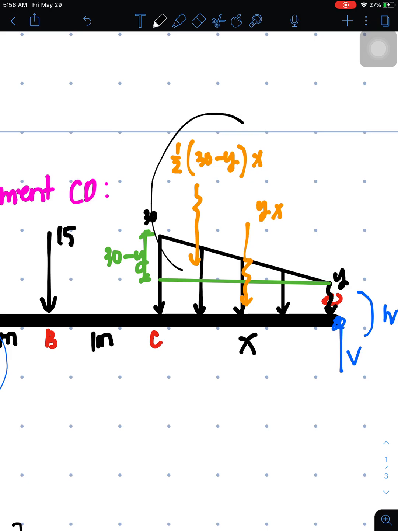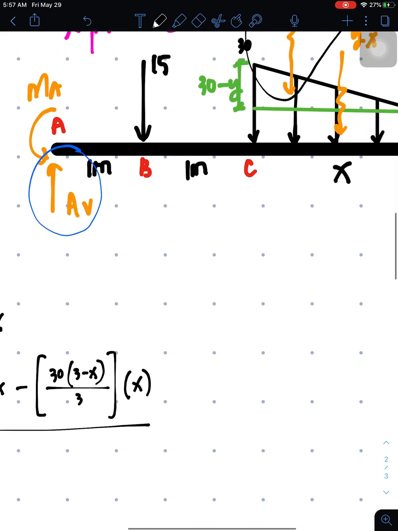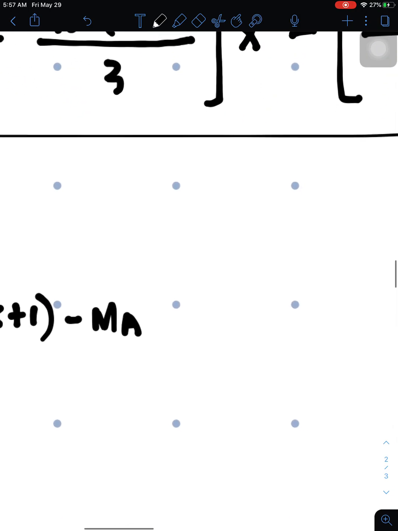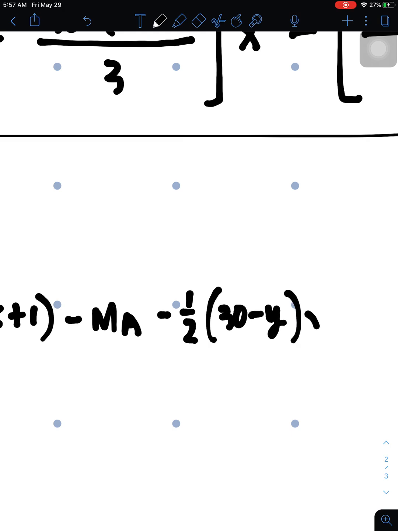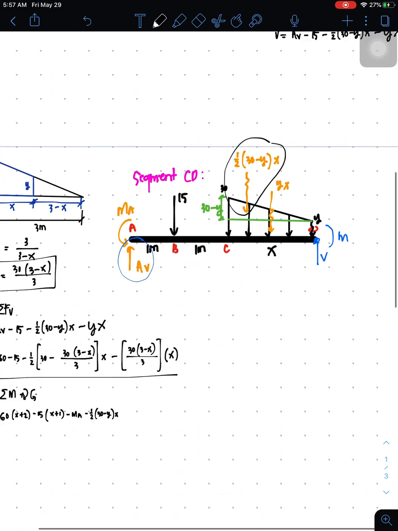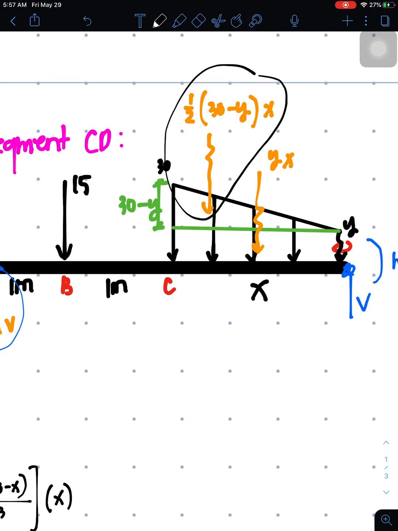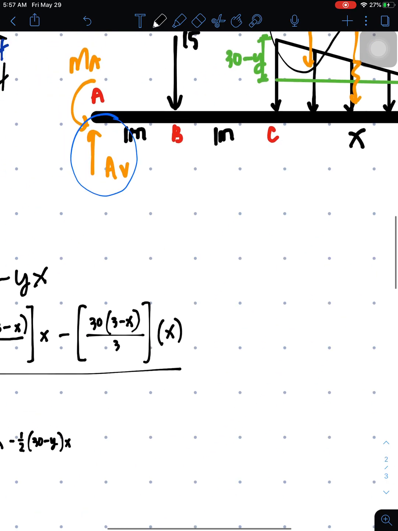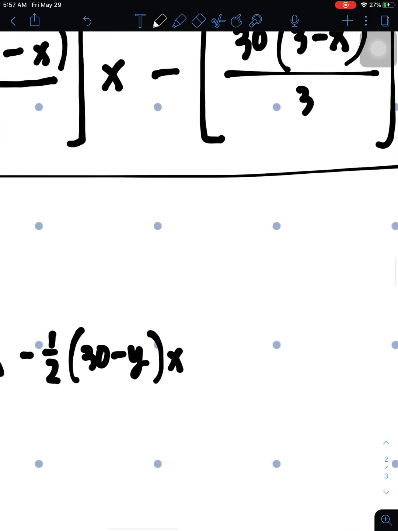And here, I'm looking at this triangle. So it's minus 1/2 of 30 minus y times x. And then this one here is found 2/3 of x.